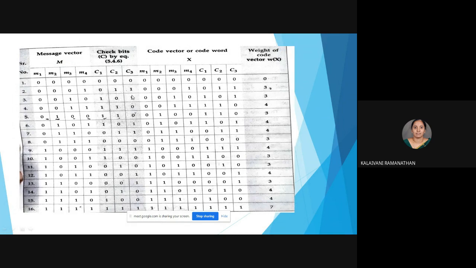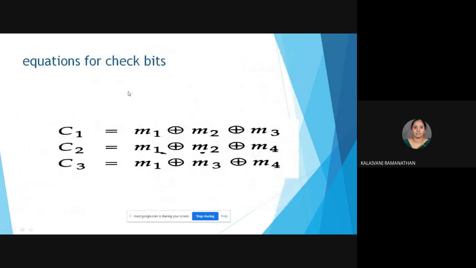So your C2 is 1. So if you have an odd number of ones in M1, M2, M4, then you can note down your C2 is equivalent to 1. In this way, you'll be able to fill the column C2, and then C3 can be noted from this relation M1 XOR M3 XOR M4.